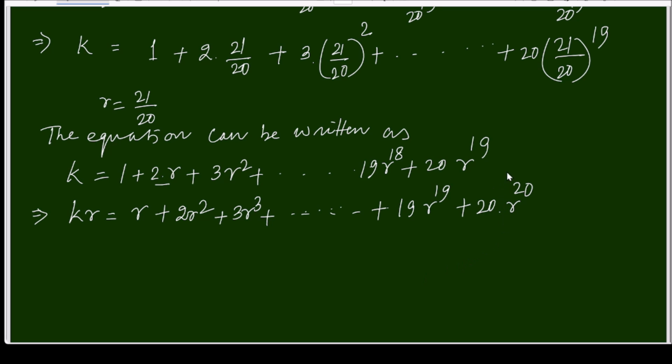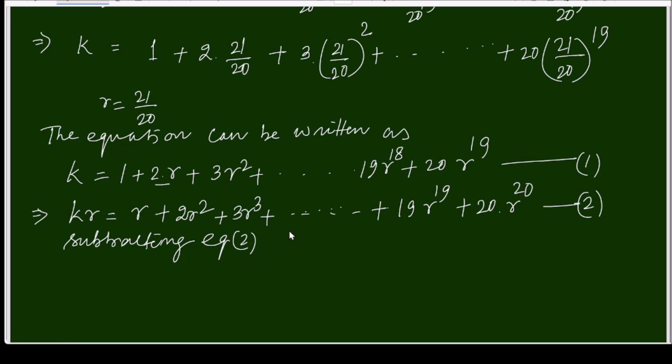Okay, now I'll subtract equation 2 from 1, taking k common. It will be 1 minus r, and you will see that 1 will be left, and 2r minus r will give us r.